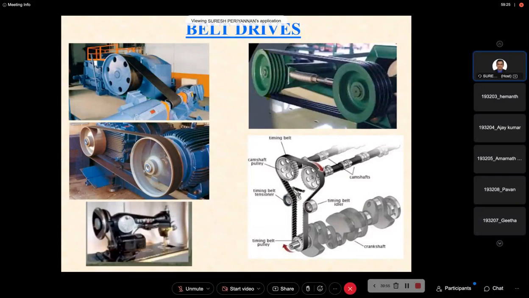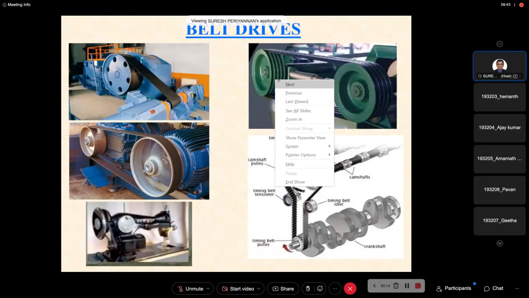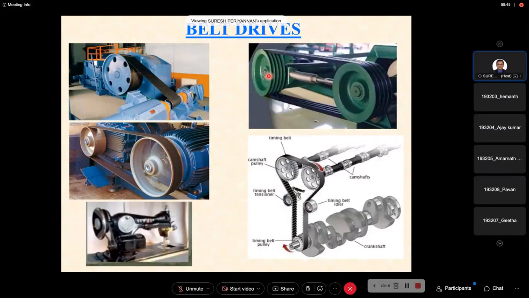Now, the other thing is it can be transmitted over short distance only. The V belt has negligible slip effect and a constant velocity ratio. And this belt can be used in any direction.